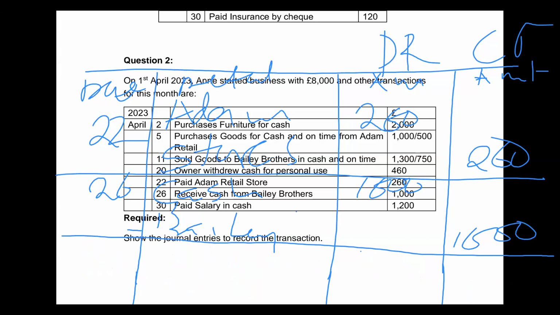And then on the 30th, we paid salary in cash. Cash account is what? Giving. Salary in cash.